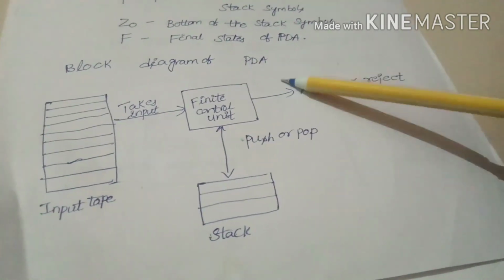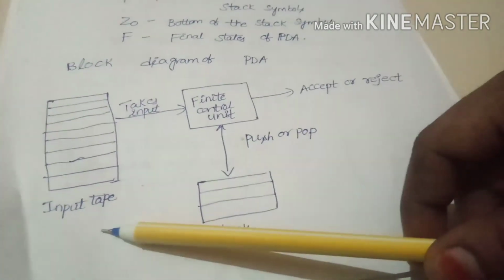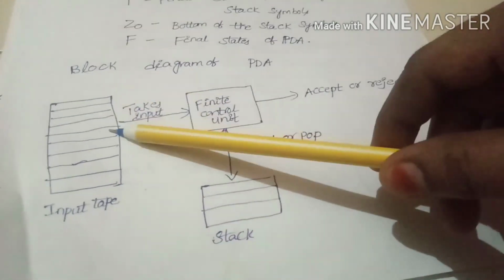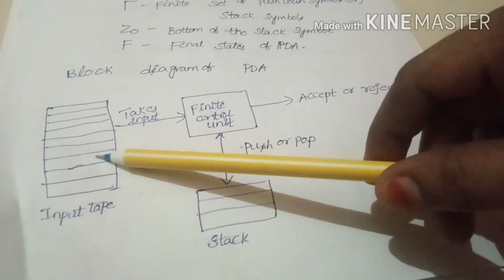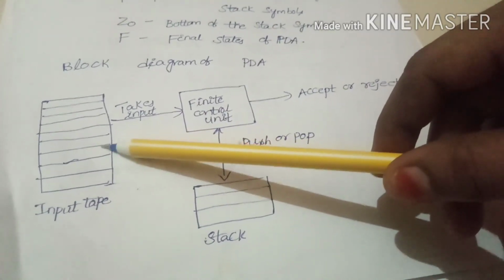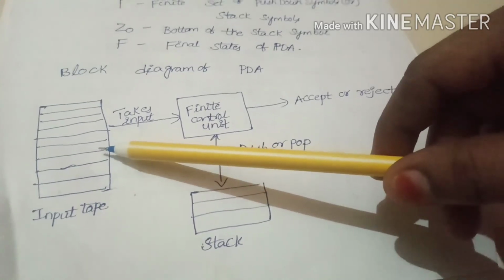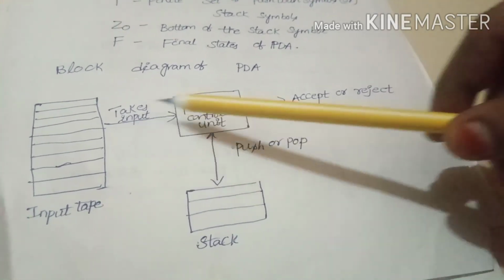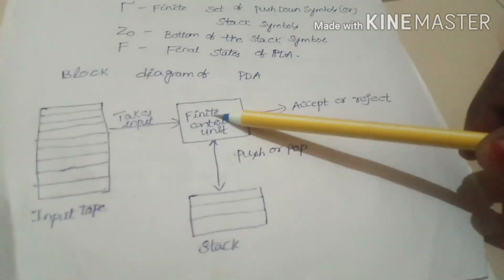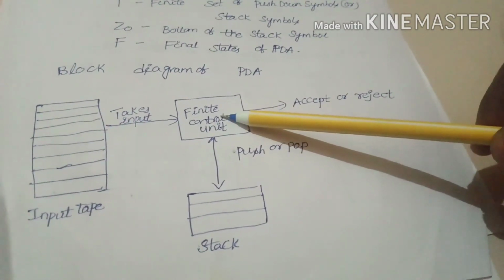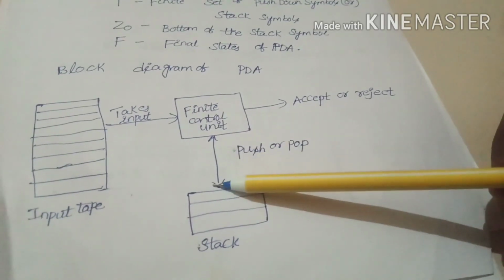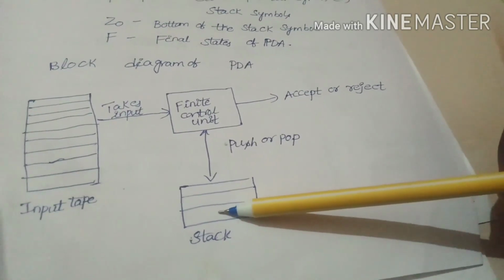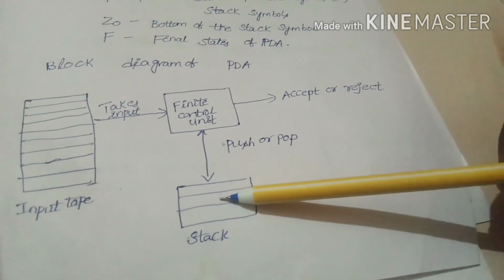PDA means pushdown automata. The input tape in a PDA is read only. The consecutive cells contain input symbols from the input tape. At each step one cell is moved at a time and the control unit reads the corresponding input symbol. The stack memory, also called the pushdown store, supports both read and write operations.